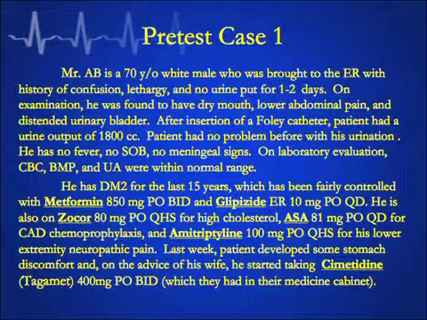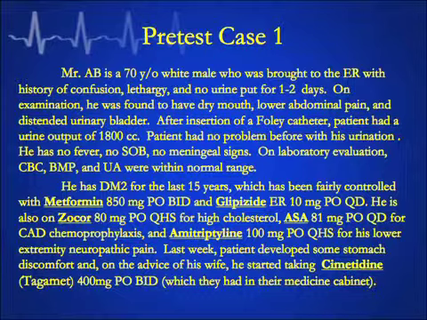He had no fever, no shortness of breath, and no meningeal signs. On laboratory evaluation, CBC, basic metabolic panel, and urine analysis were within normal range. He has diabetes, for which he takes metformin and glipizide, hypercholesterolemia, for which he takes Zocor, and he takes also amitriptyline for his lower extremity neuropathic pain.